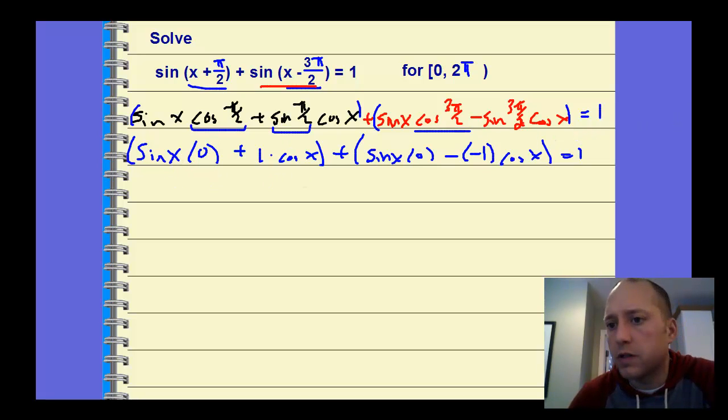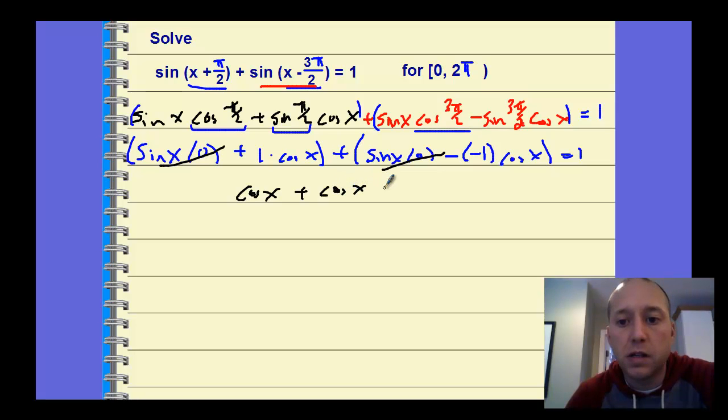So nice, because we can eliminate that term and eliminate that term. Those are both 0. 1 times cosine x is just cosine x, plus, and we have a minus a negative cosine x, which is just really plus cosine x. So then we get 2 cosine x equals 1, and so now we can solve it.